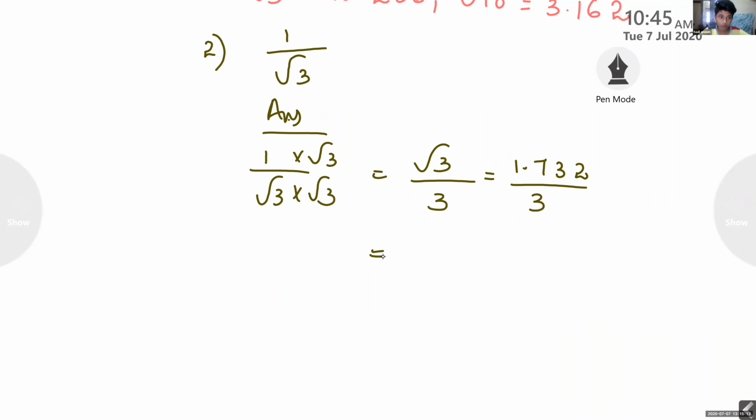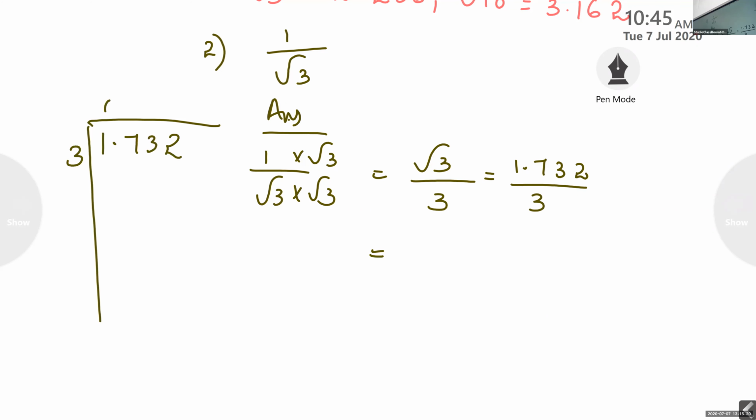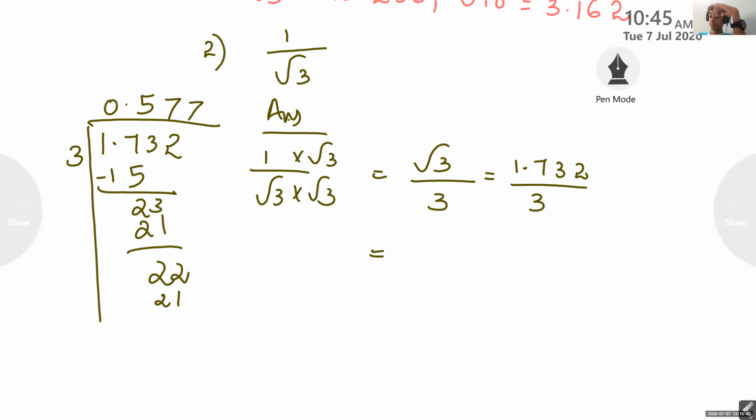I will write here this side 1.732, divided by 3. 15 subtract 2, bring down 3, 7, 7 are 21, again 2, 577. Three decimal places is enough for us. Clear? So our answer is 0.577.